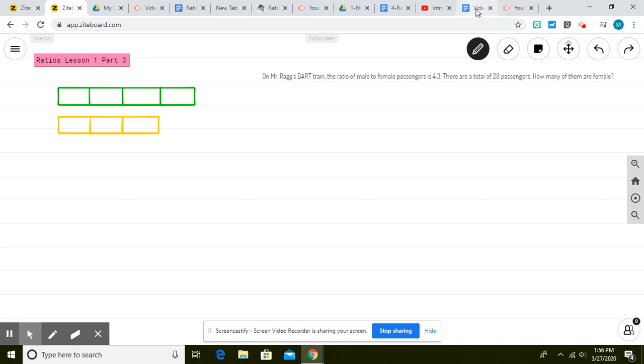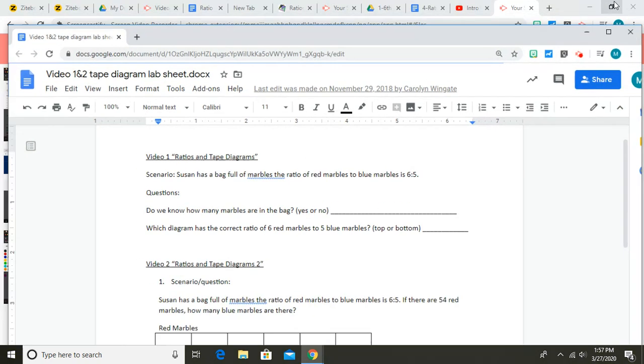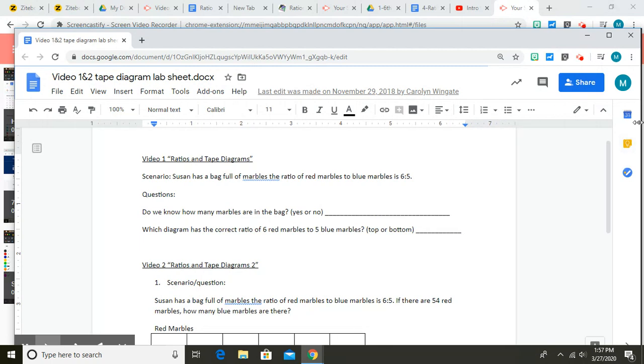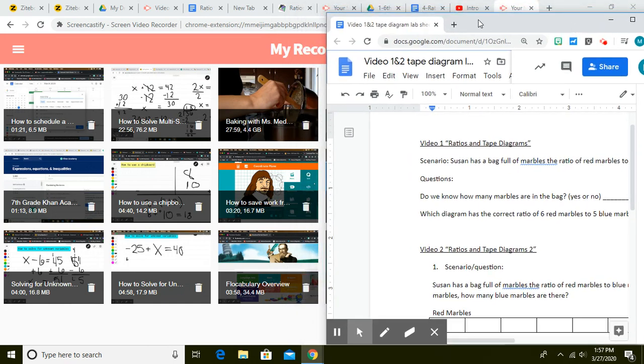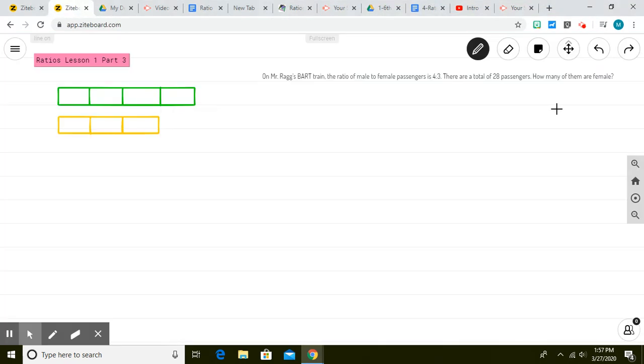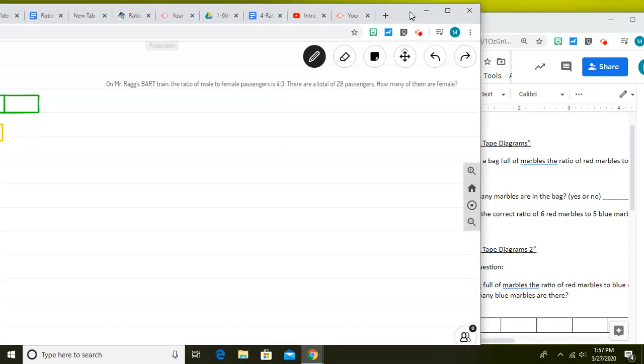So you could, come on. It doesn't want to load apparently. Oh, there it is. So this is what the worksheet looks like. You could pull it out like this. Okay, make it a little bit smaller, and then make it so that way you can see both screens at once.